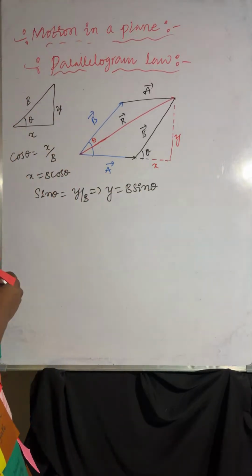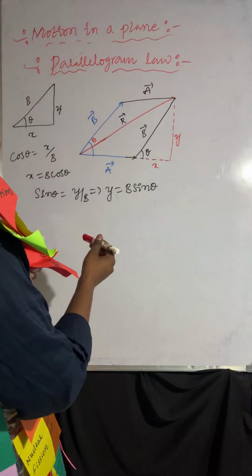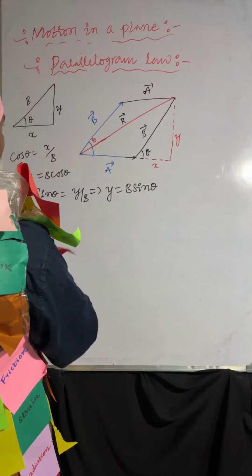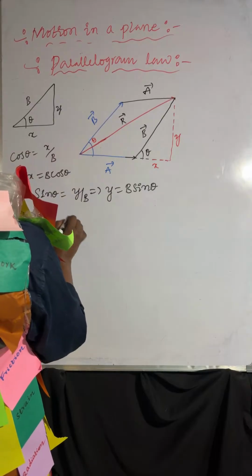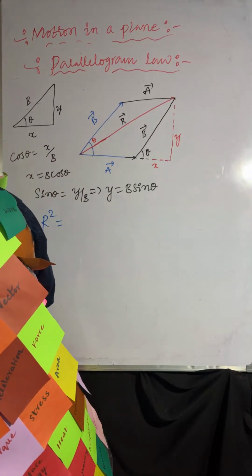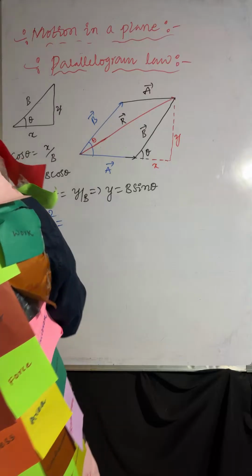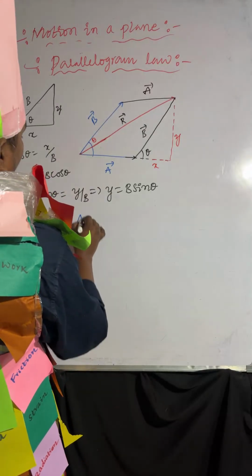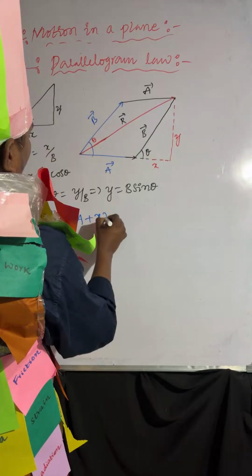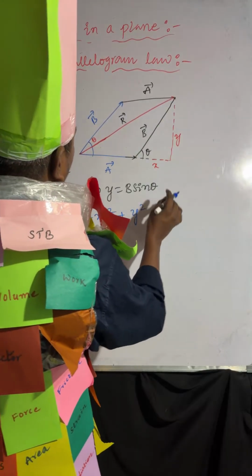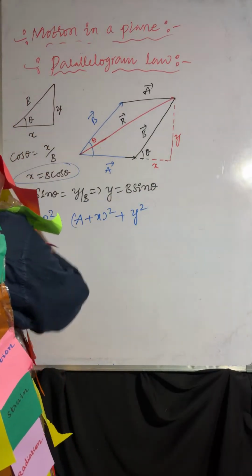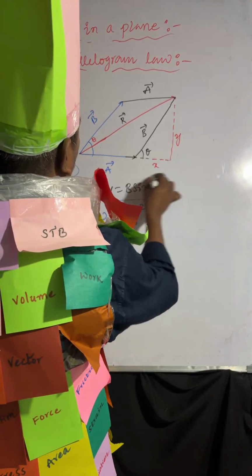Now if you want to find the resultant R bar, R square equals (A plus x) whole square plus y square. Here A plus x equals A plus B cos theta, and y equals B sin theta.